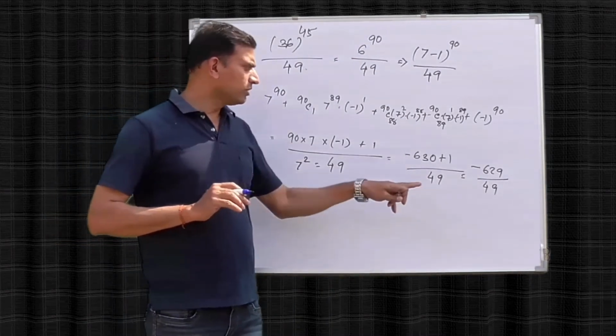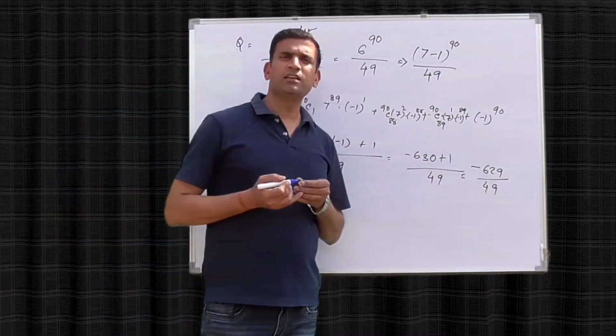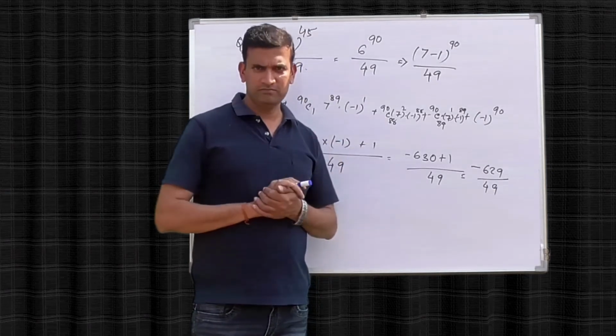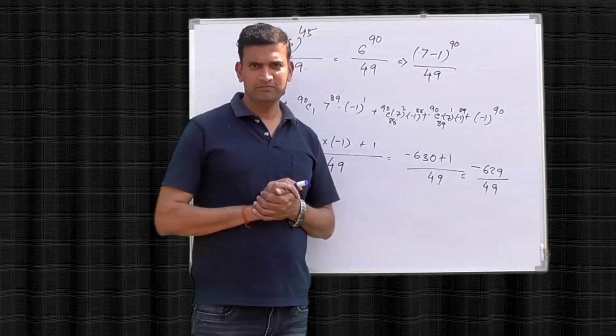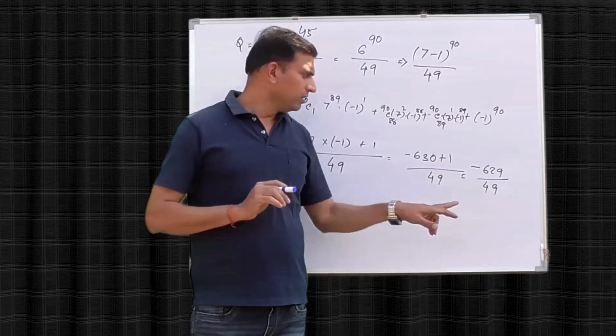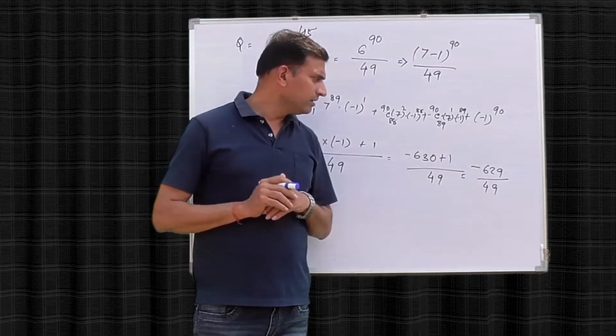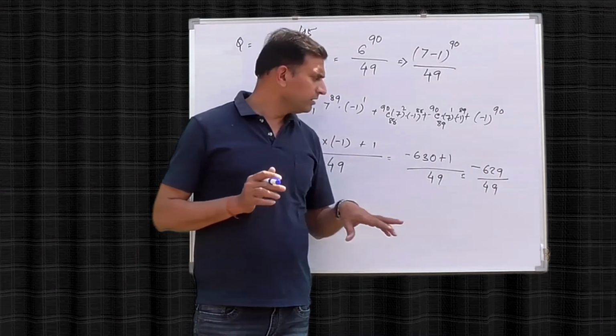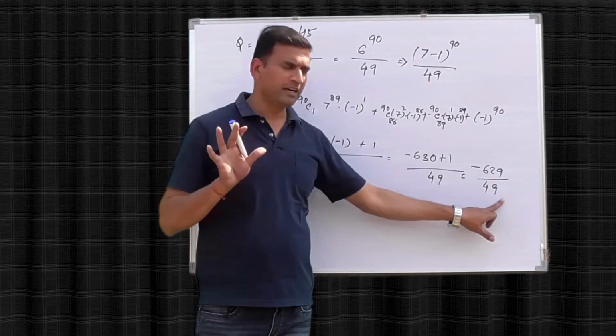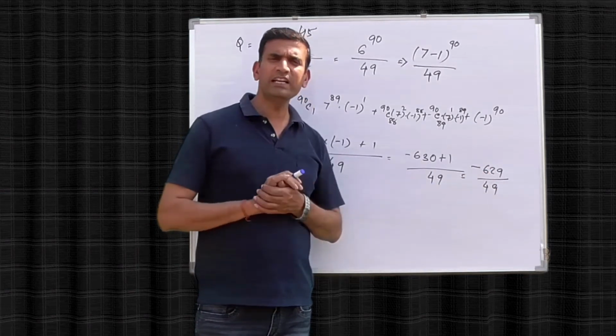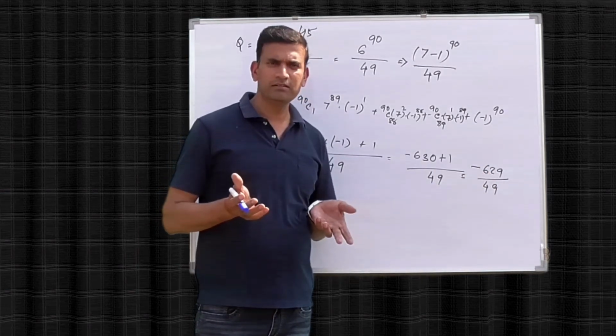Okay. So minus 629, you can subtract 490 from that. Now what we are having? If you add 10, this is 500. 129 plus 10, 139.